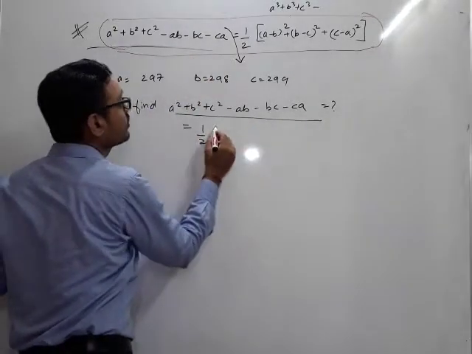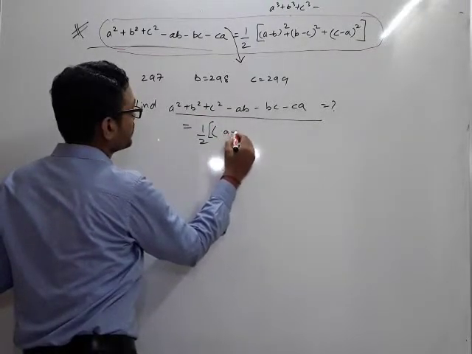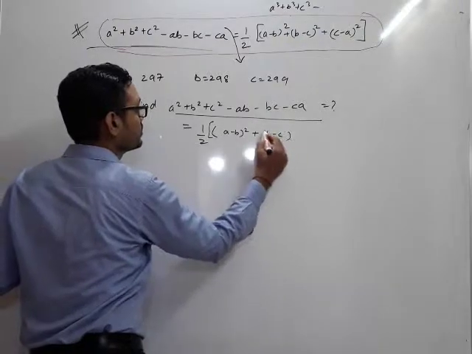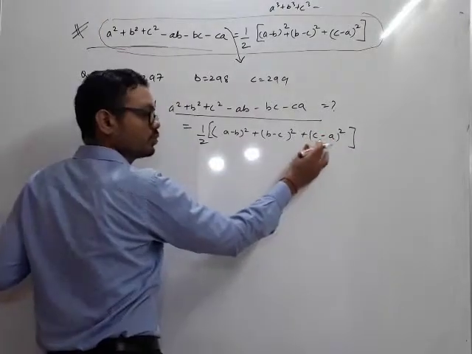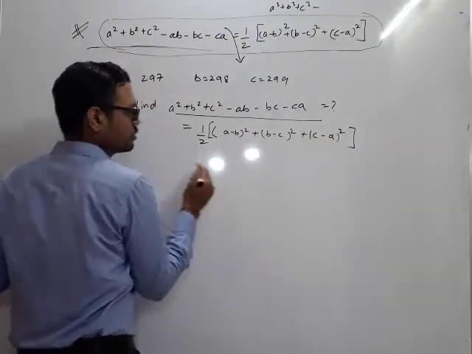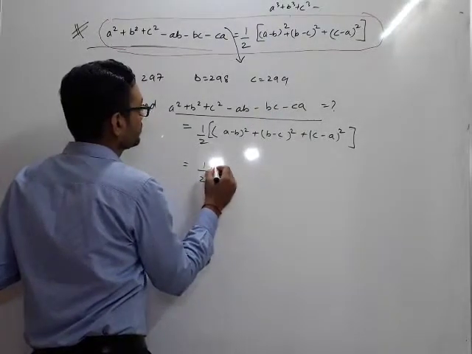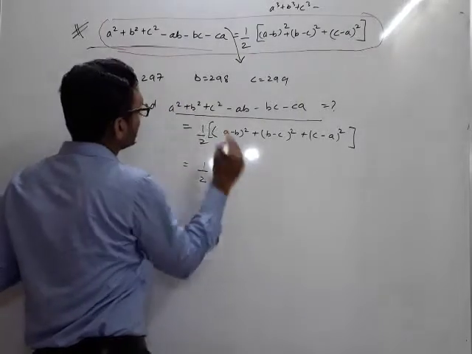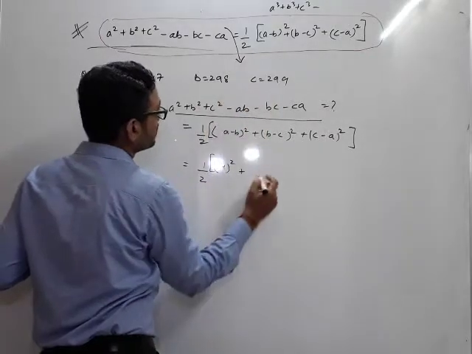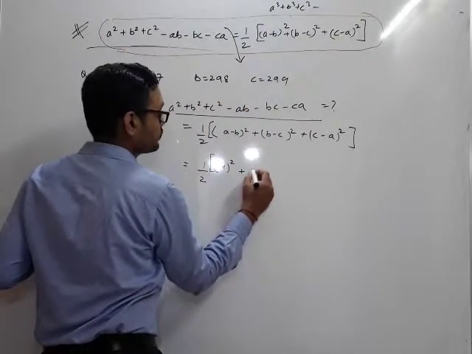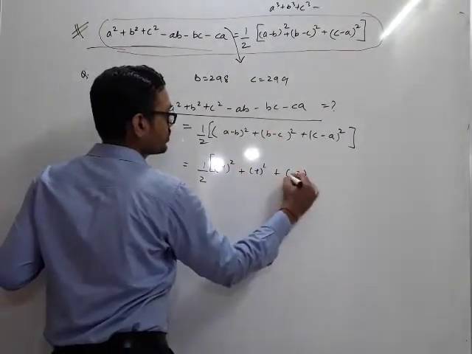It's nothing else but half of (a minus b) square plus (b minus c) square plus (c minus a) square. Whether you do c minus a or a minus c, it is squared, so it does not make a difference. a minus b is minus 1 square, b minus c is again minus 1 square, and c minus a is minus 2 square.